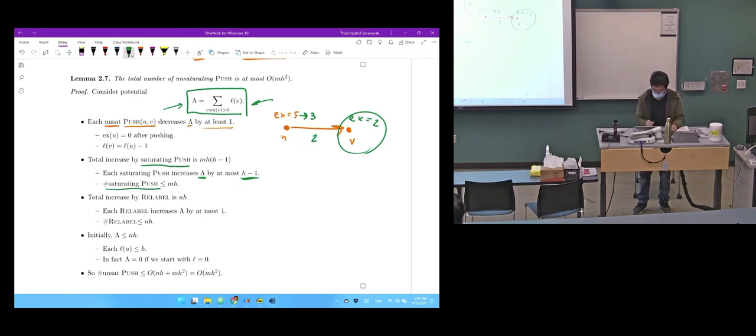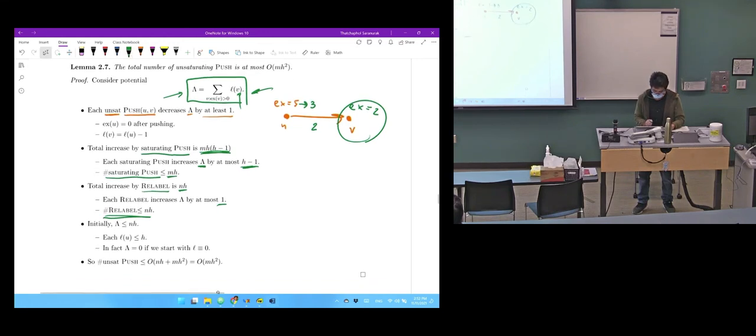The number of saturating pushes is mh, so the total is mh squared. How about relabel? Each relabel can increase the level by 1, and there are nh relabels, so nh here. Initially, this is small too, because each node has label at most h. So that already bounds the number of unsaturating pushes.